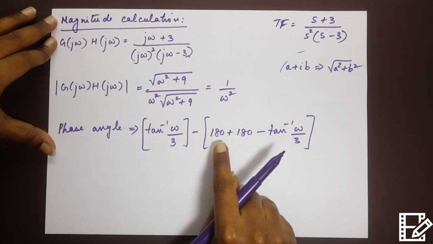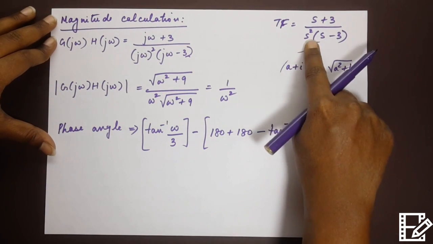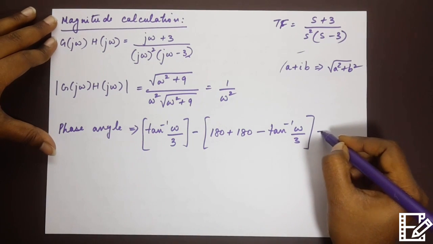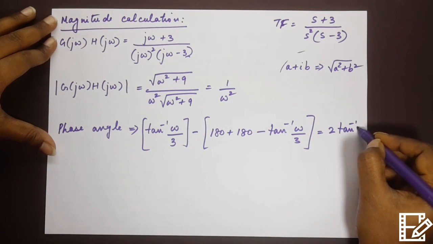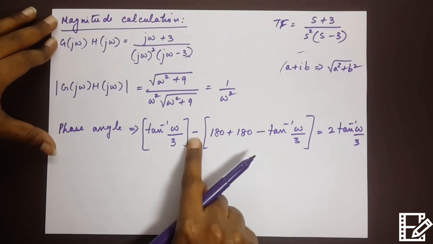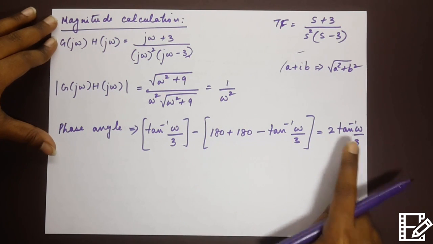Now we evaluate this. As I said, 180 plus 180 is 360, which means that for s square it completes an entire circle. So the phase angle would be evaluated as 2 tan inverse of omega by 3. We have tan inverse of omega by 3, minus and minus is plus. So we have 2 tan inverse.